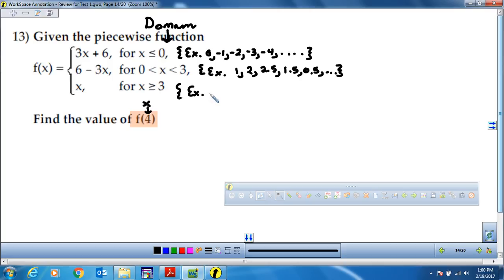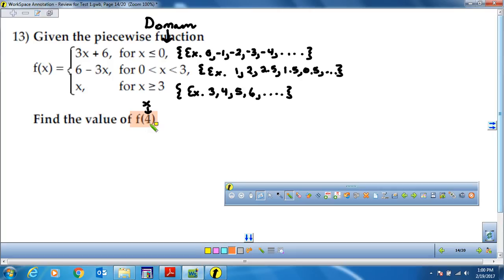So the graph of that last function is going to contain the number 3, of course, because it says equal to 3. 4 is going to contain 5, is going to contain 6, and so on. So 4 is on which one of those three equations? It is on the third equation, right?